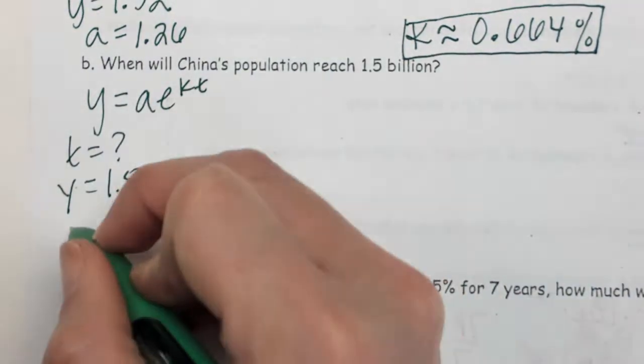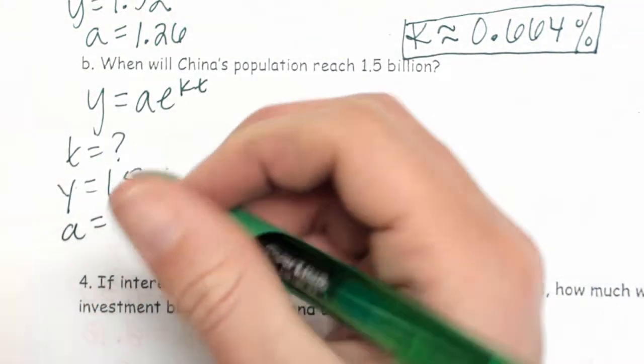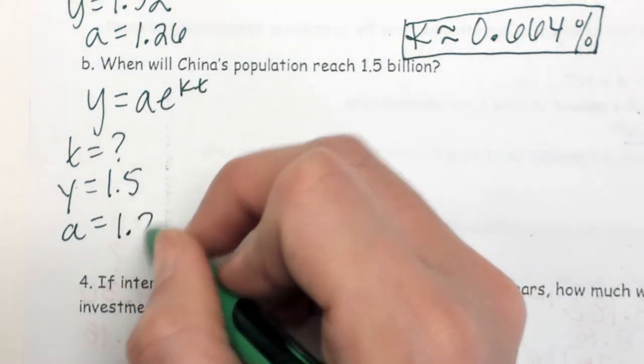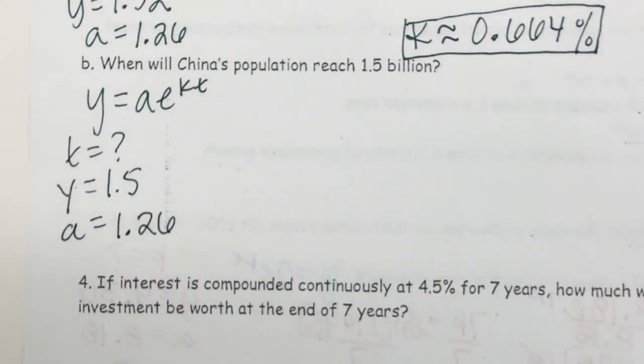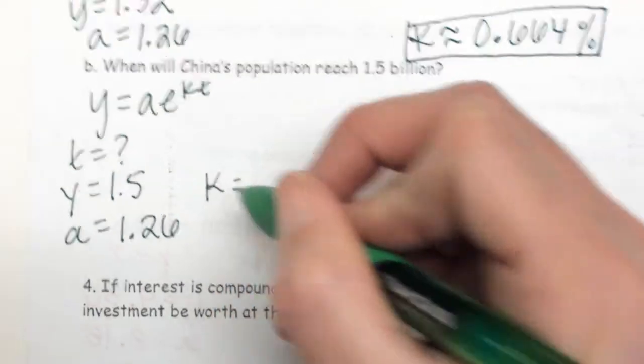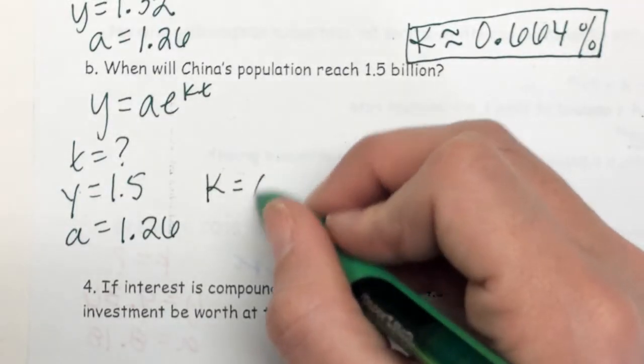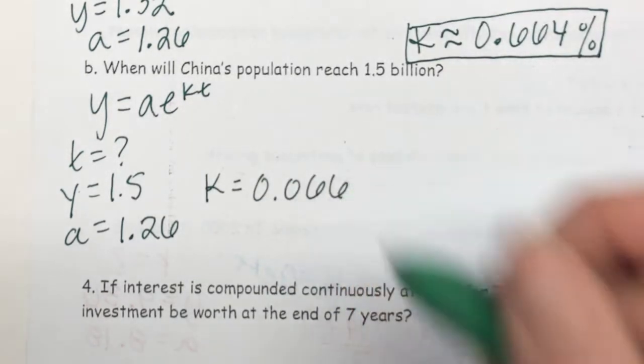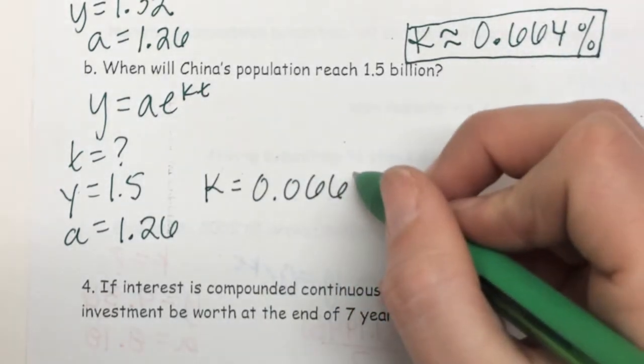Yes, what we're trying to get to, which is 1.5. What is our a? Yeah, same. We still started with 1.26. What is k? Good. I would put 0.0064, but that's fine.